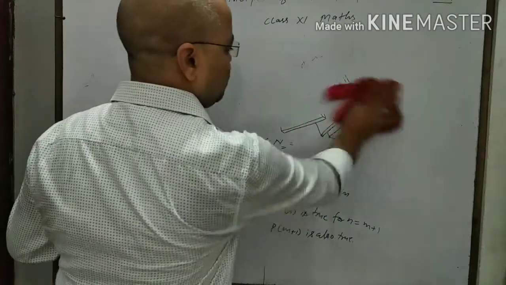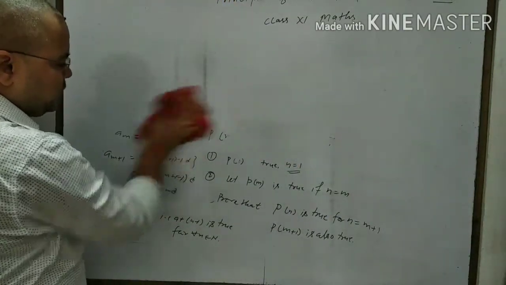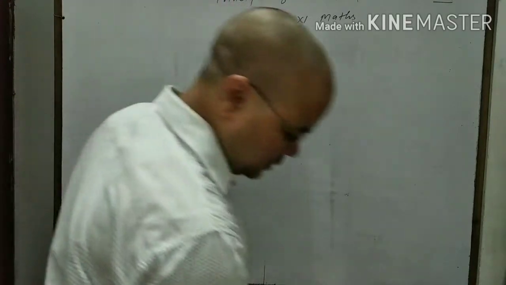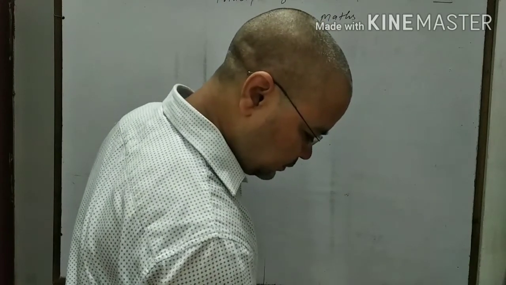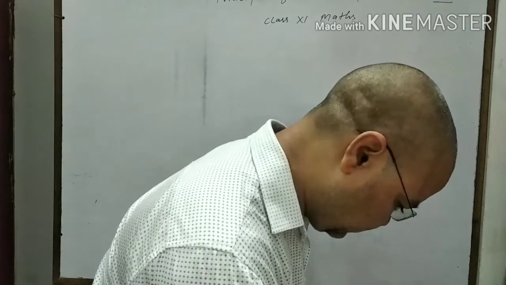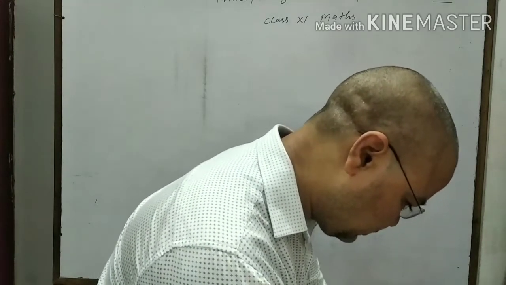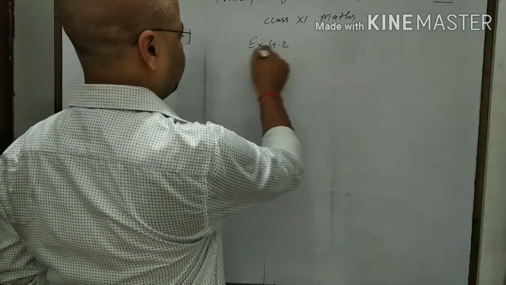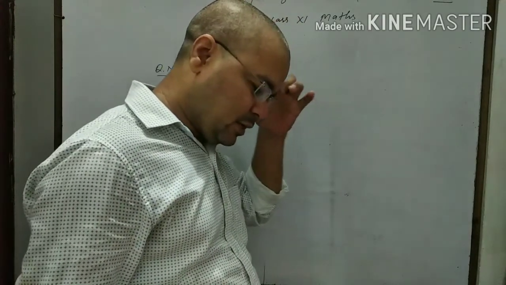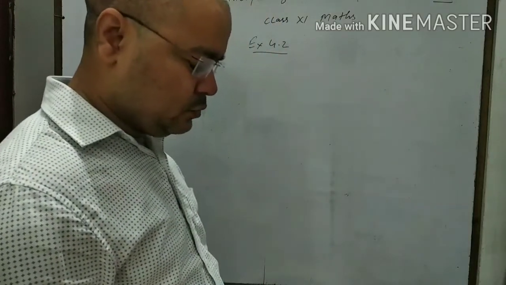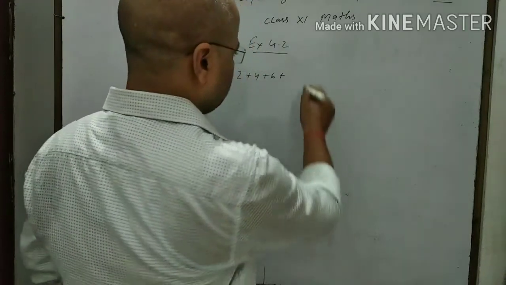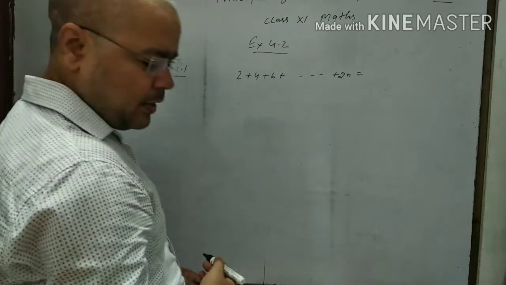The first example of exercise 4.2. Question number first is: using the principle of mathematical induction, prove that for all n belongs to natural numbers, 2 plus 4 plus 6 plus up to 2n is equal to n square plus n.